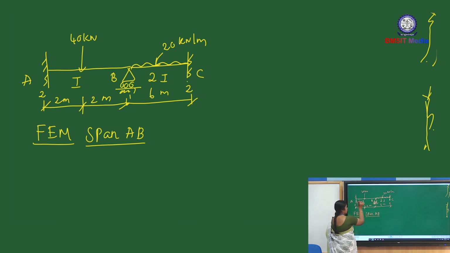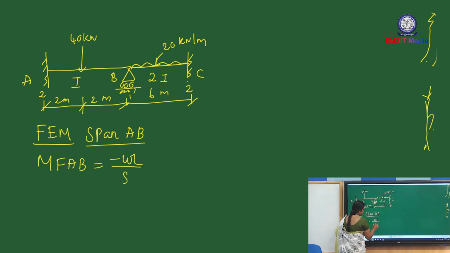If the beam is subjected to a midpoint load, the load is at the mid of AB, the fixed end moment at A of the member AB equals minus WL divided by 8.